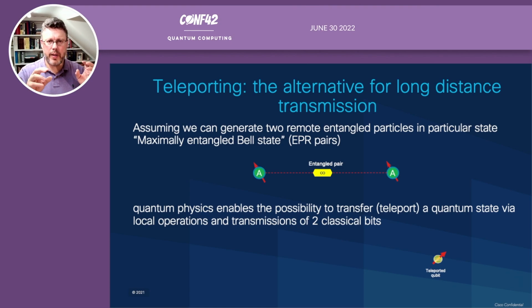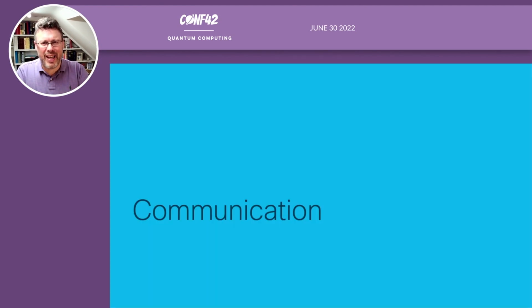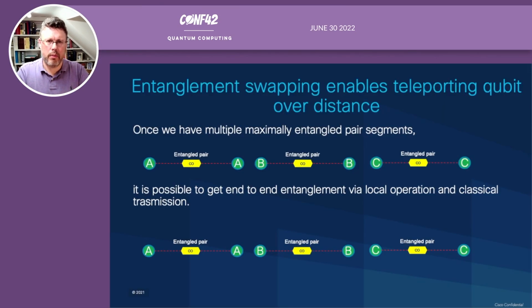So we've not actually transmitted the state across the network at all, and hence that's why it teleports itself. And so we have a mechanism fundamentally that we can use for communicating across any kind of distance, and that's teleportation.